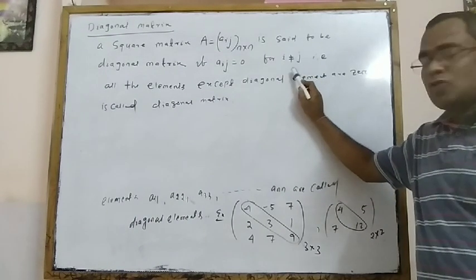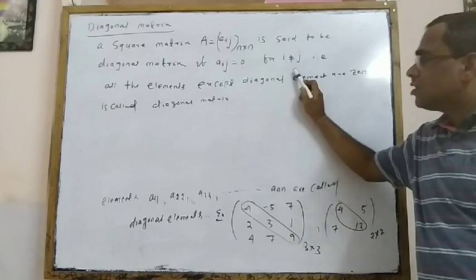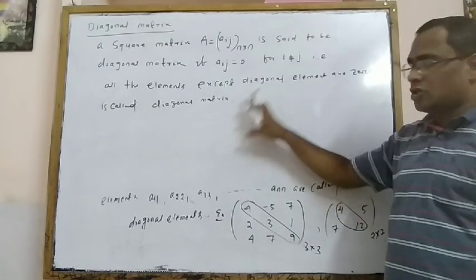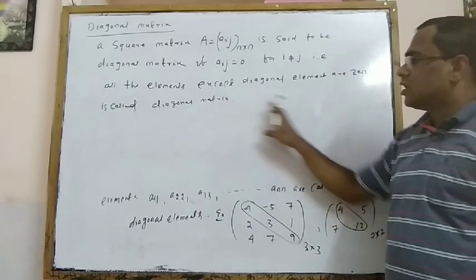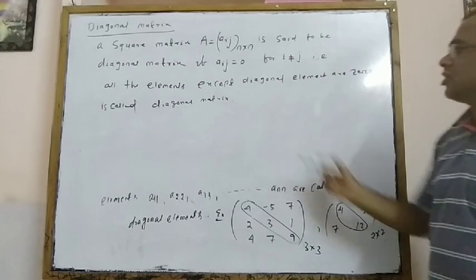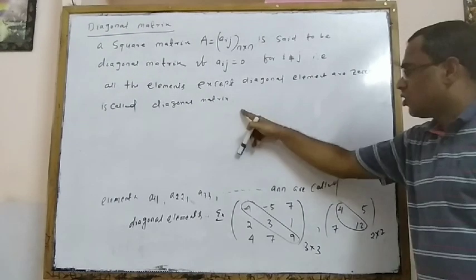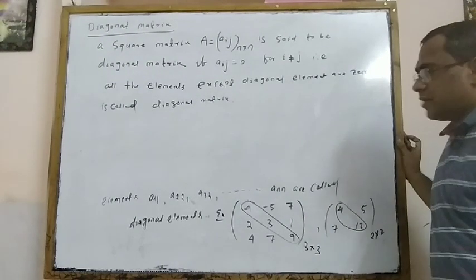Leaving aside the diagonal elements, if the non-diagonal elements are 0, that is called a diagonal matrix. All the elements except diagonal elements are 0.